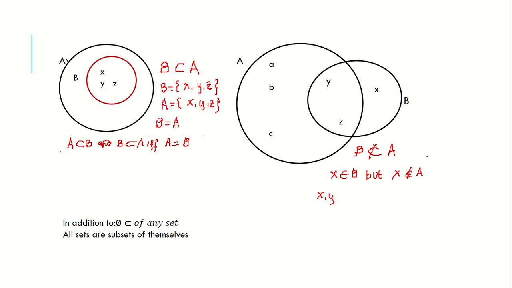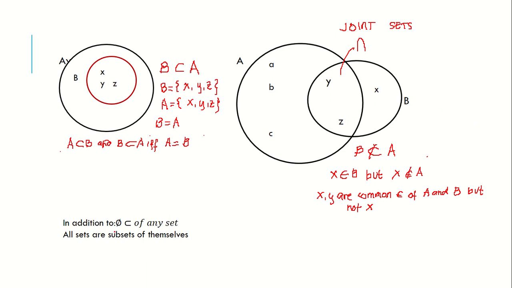Y is a common element of A and B, but not X. These are joint sets, with a point of intersection.